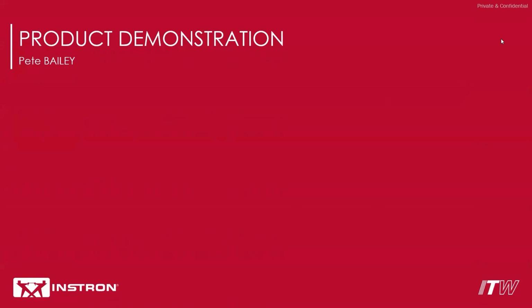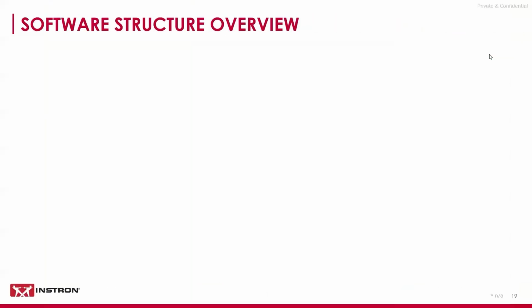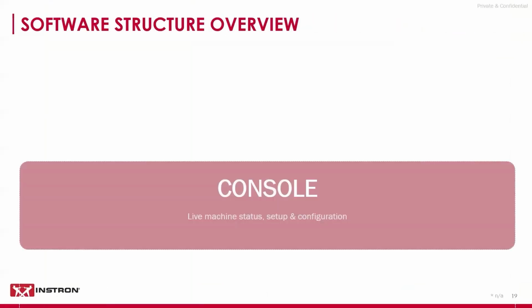So just a few words about the software architecture in general before we get on to the demonstration. One of the things in general about dynamic systems software is that we have console underpinning everything.